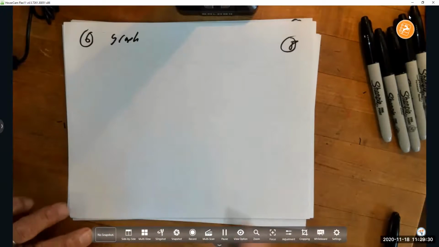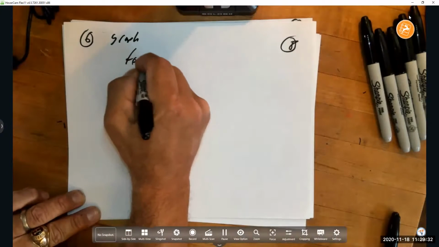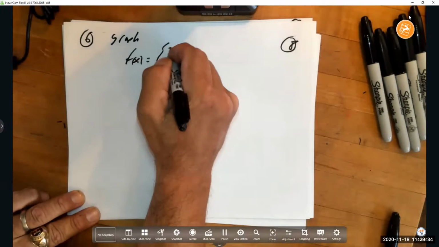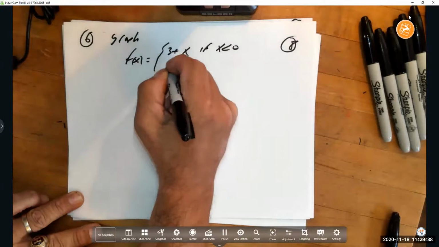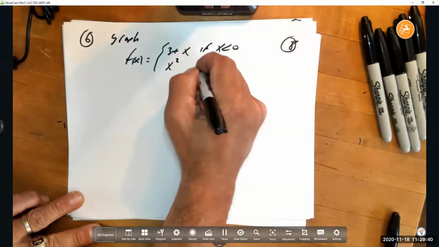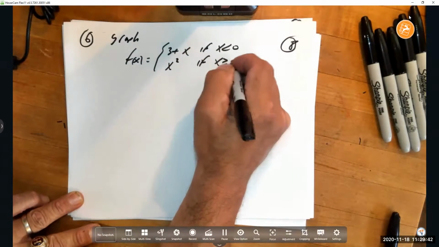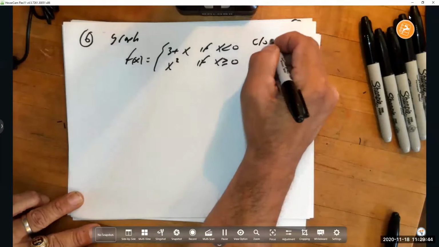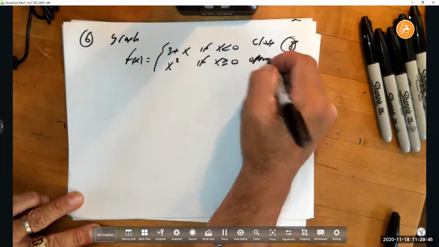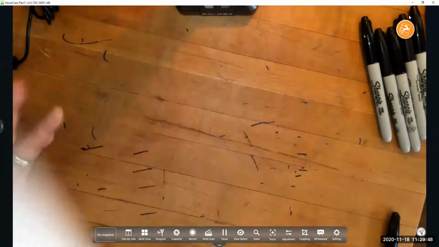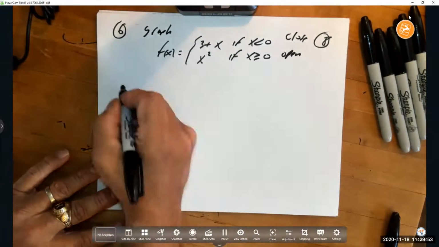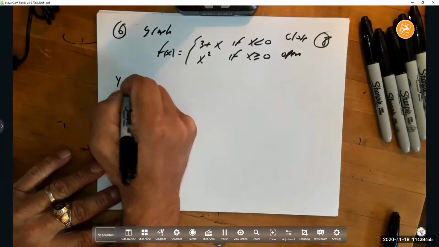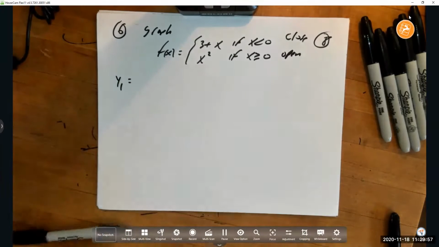The function f of x is 3 plus x if x is less than 0, and x squared if x is greater than or equal to 0. This is closed circle, open circle. So now let's graph this. So we have y1, I'll do it on my calculator.